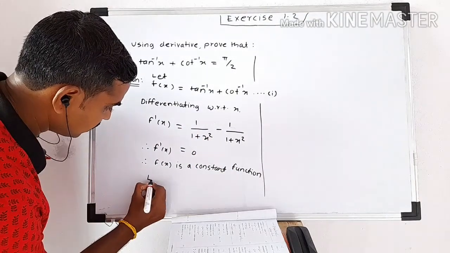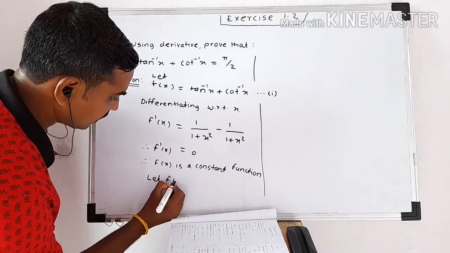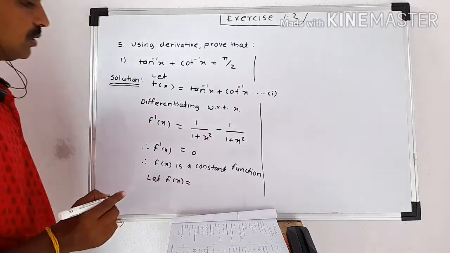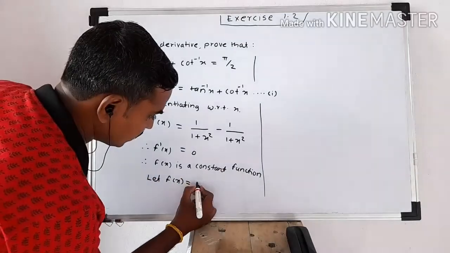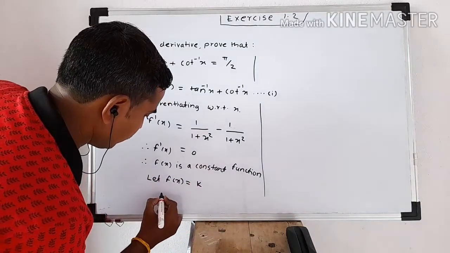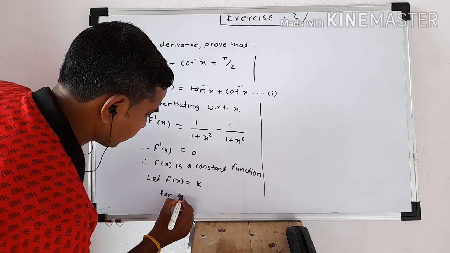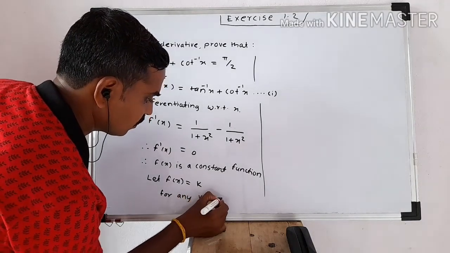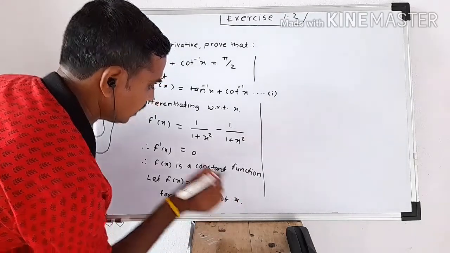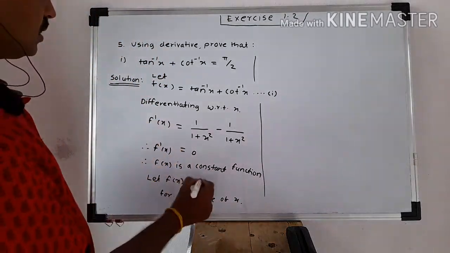Now suppose we consider f of x as the constant function k for any value of x. For any value of x, f of x is k.